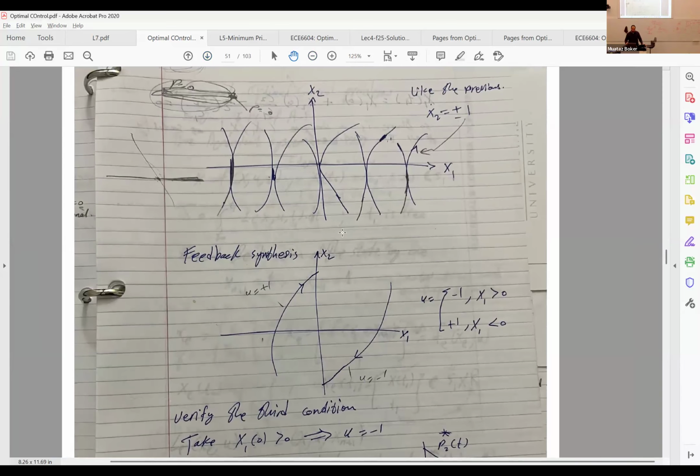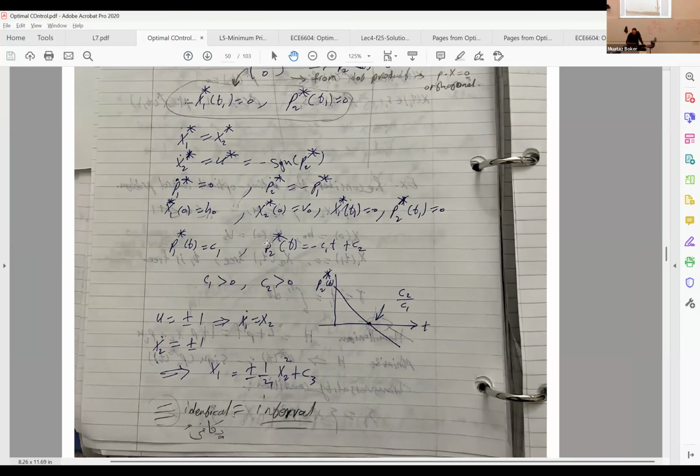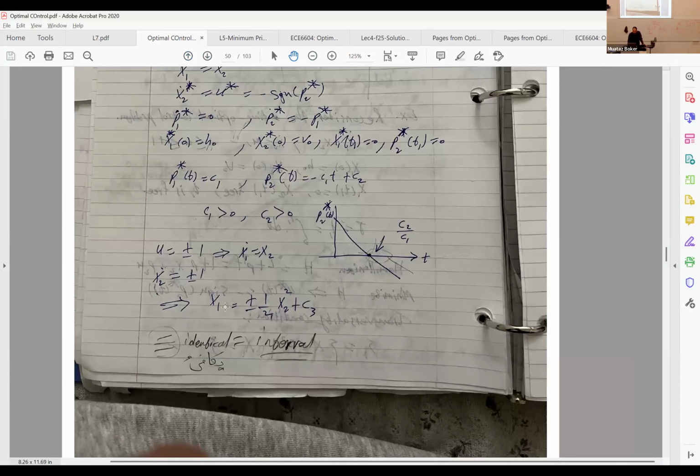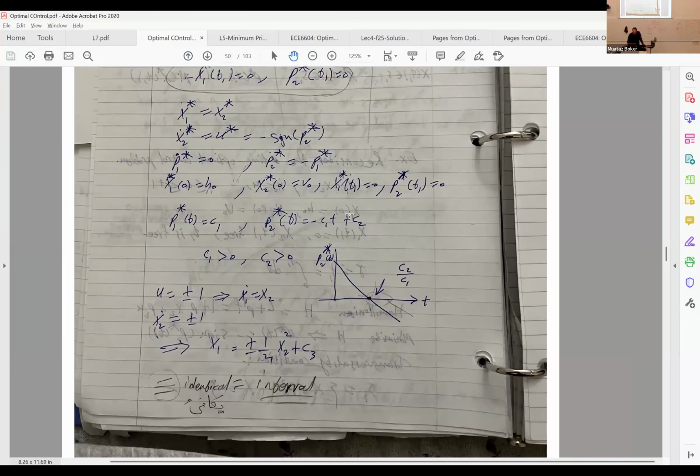So first of all, if you solve these differential equations, you'll get P1 of t is equal to C1 and P2 of t is equal to minus C1 t plus C2.